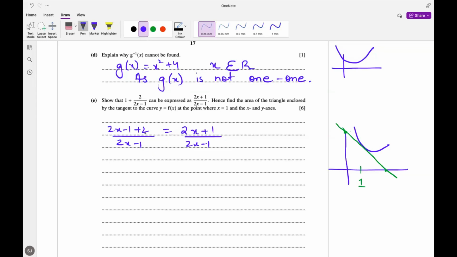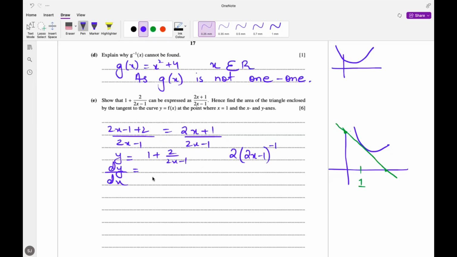So first, to find the equation of the tangent, we'll find the gradient of the curve, which is dy dx. To find dy dx, we can use the form y equals 1 plus 2 upon 2x minus 1. The derivative of 1 will become 0. To differentiate 2 upon 2x minus 1, we'll bring 2x minus 1 into the numerator with power minus 1.